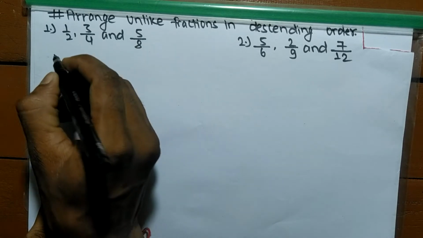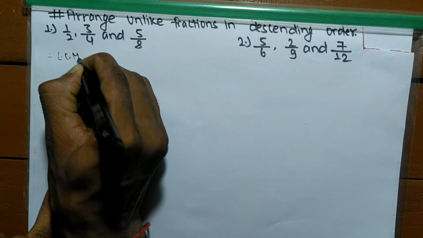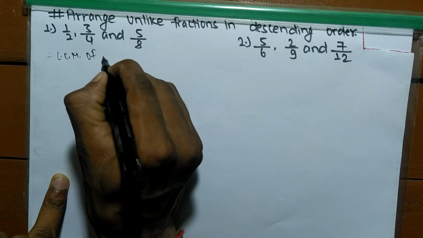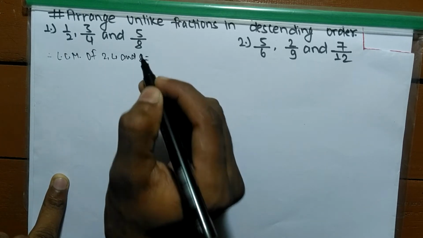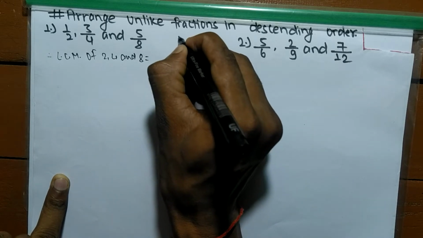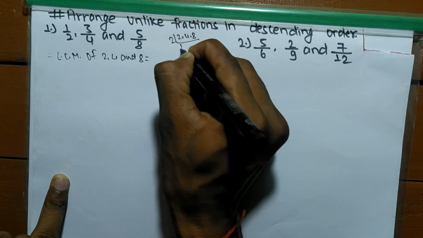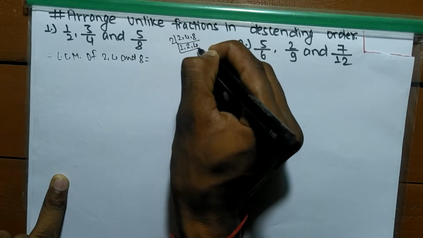So in the first step we have to take the LCM, the lowest common multiple, of the denominators 2, 4 and 8. The LCM of 2, 4, 8 is: 2 times 1 is 2, 2 times 2 is 4 and 2 times 4 is 8.